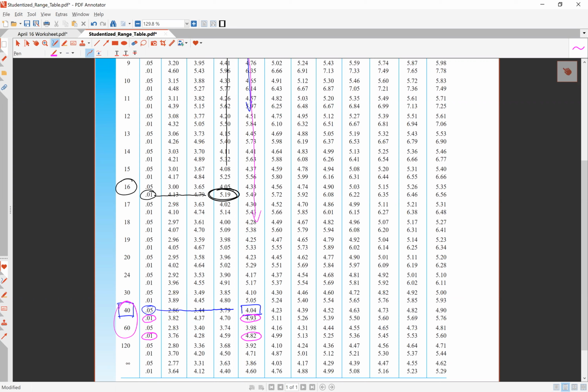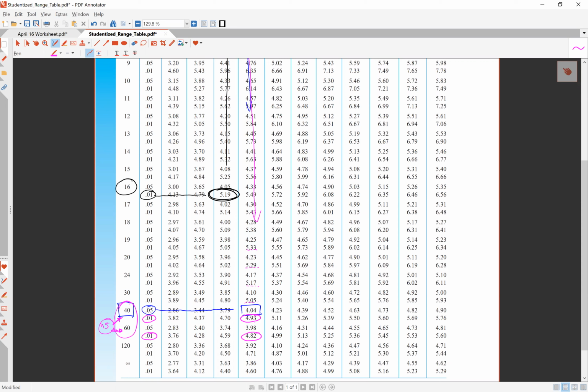In fact, if you compare all the values at the 1% level, you can see that they're decreasing as the degrees of freedom increase. Ideally, you'd want to do a little bit of interpolation here, but I'm okay if you just eyeball the difference. We want 45, right? 45 is going to be a lot closer to 40 than to 60. So we need to use a value that's closer to 4.93 than to 4.82, but it's somewhere in between them.